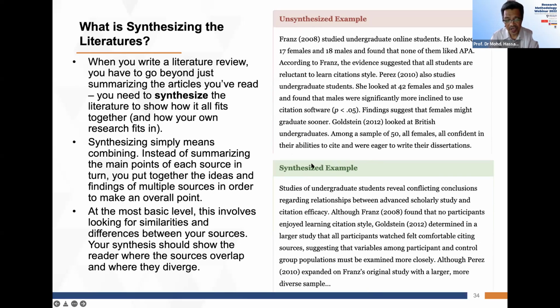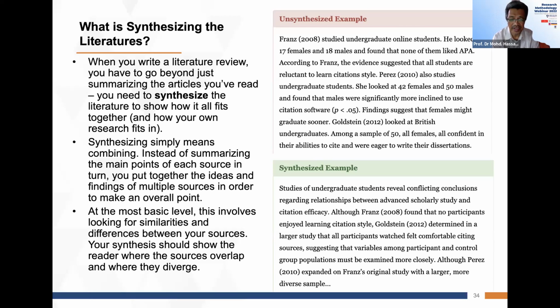I've read a lot of literature reviews during my course of supervising and also examining theses, and I've come across quite a number, but not many that have the ability to synthesize in the literature review.